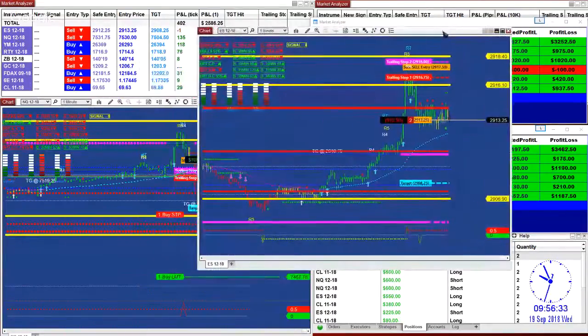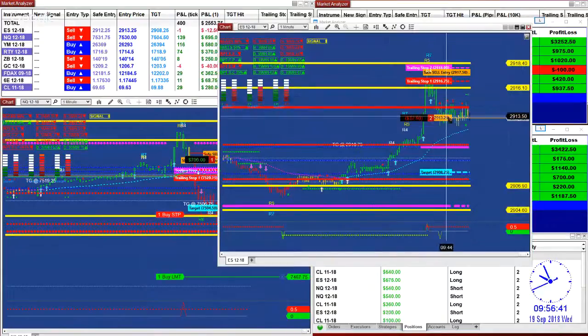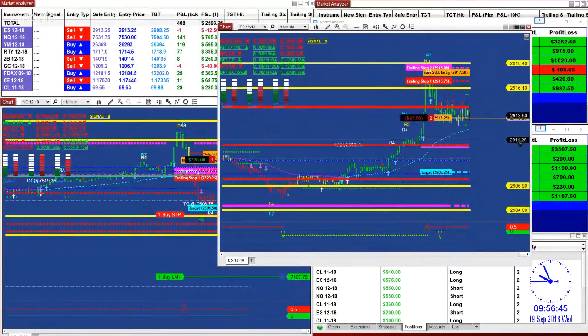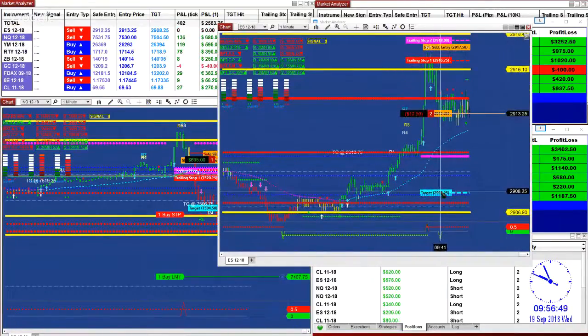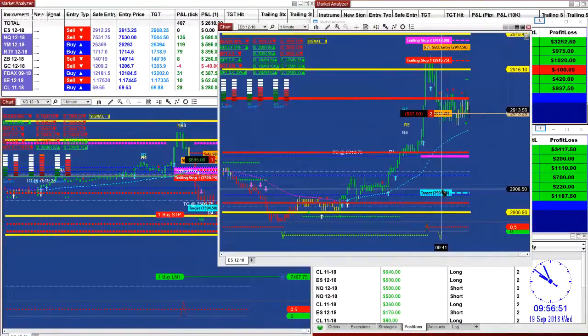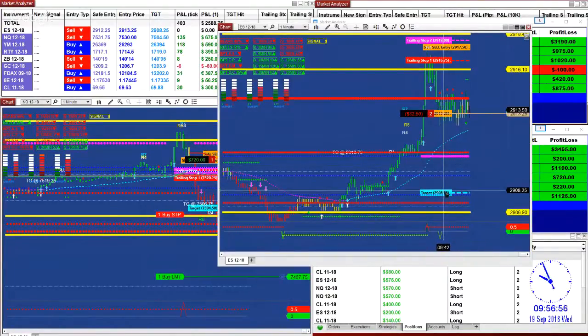For the ones who follow the ES, we had the new signal right there on the ES. Now the ES is sitting right there on the 1325, and the target is 2908. I doubt it very seriously. The ES right now at this condition is gonna nail it all the way to the 2908 at the moment.